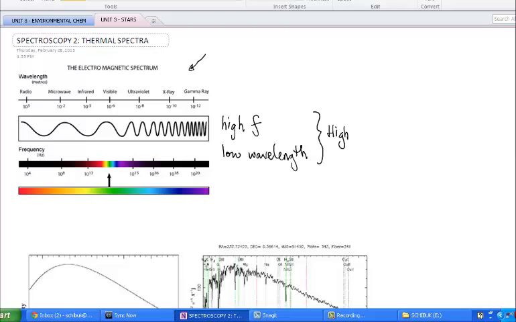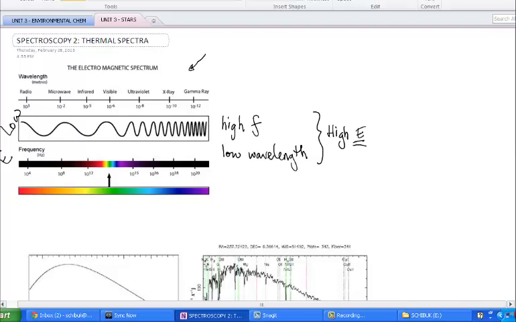So the high frequency, that means they're going up and down very rapidly, means that they have high energy. Now by comparison, some of the longer wavelengths have a much lower energy.